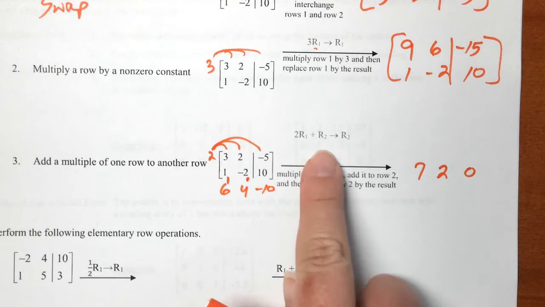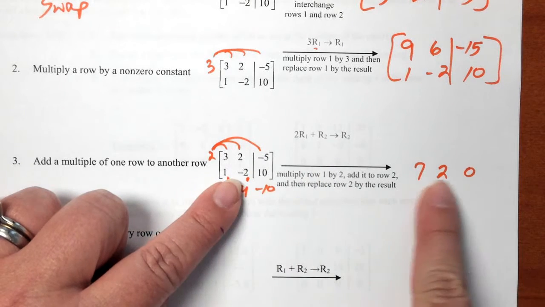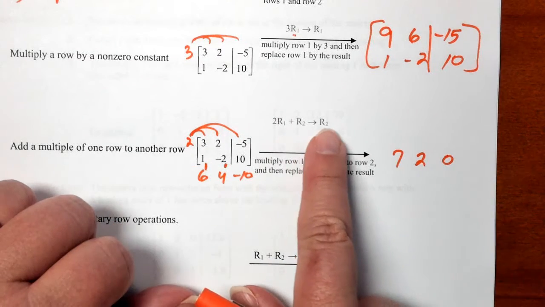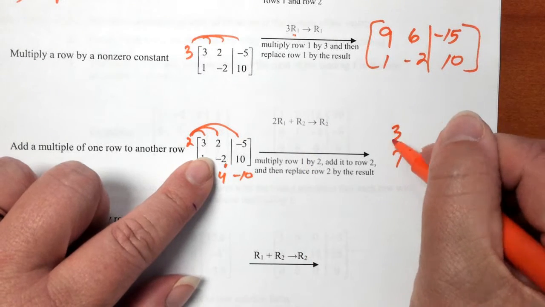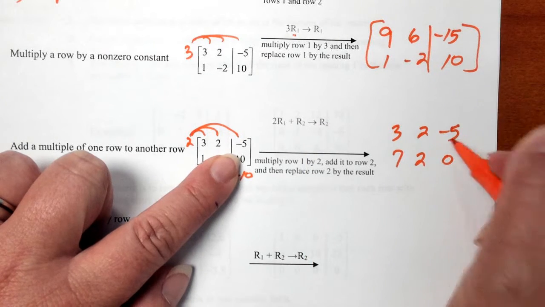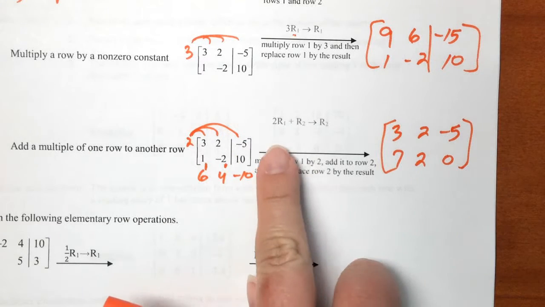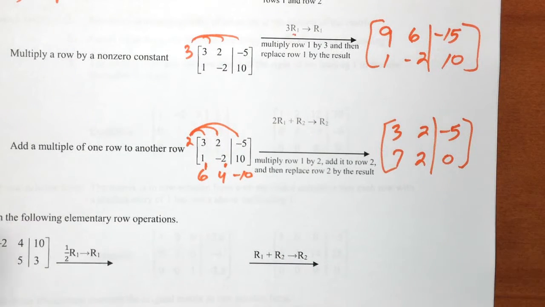Now, where did I stick the result? I stuck that result in row 2. So this 1, negative 2, 10 is now the 7, 2, 0. What about row 1? Well, they didn't tell me anything new to put in row 1, so the old row 1 is going to stay just like it was. Notice multiplying and then adding to a row can create a new value, and that's actually going to be how we get our zeros.